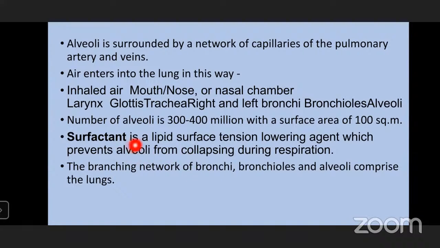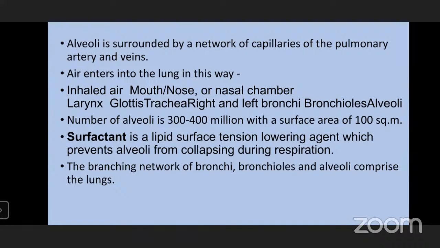Then surfactant is a lipid surface tension lowering agent which prevents alveoli from collapsing during respiration. So this lipid present in the alveoli lowers the surface tension and will not allow the alveoli to collapse during the process of respiration.